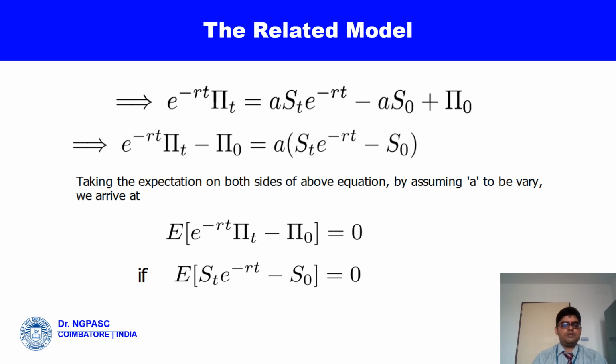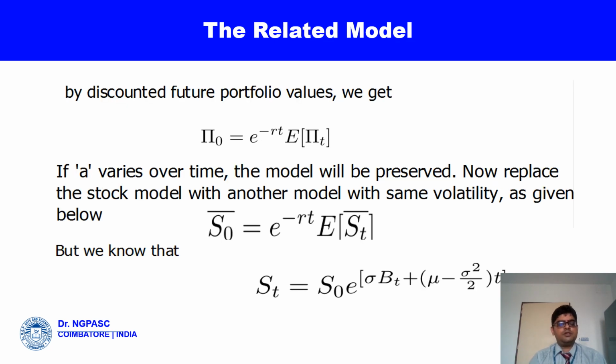Expected value of π₀ is equal to π₀. Hence finally we are left with the relation π₀ equals e^(-rt) times the expected value of πₜ. If I know the value of πₜ, it is possible for me to find the value of the portfolio at the time t equal to 0.